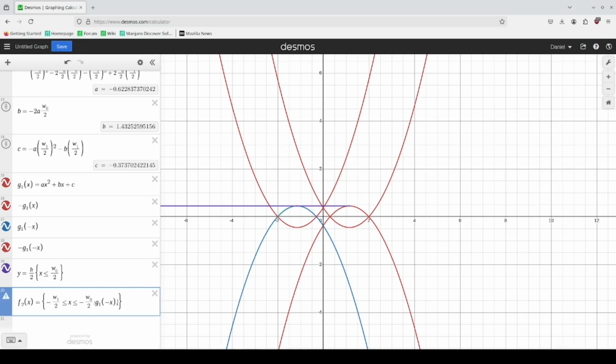And if we're between minus W sub 0 over 2 and positive W sub 0 over 2, then we want H over 2.